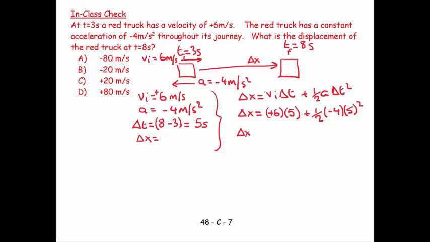So delta x is equal to plus 30 added to 5 5s are 25, 4 25s is 100, a half of 100 is 50, and it's negative 50. Ooh, so that means that my delta x is actually minus 20 meters.